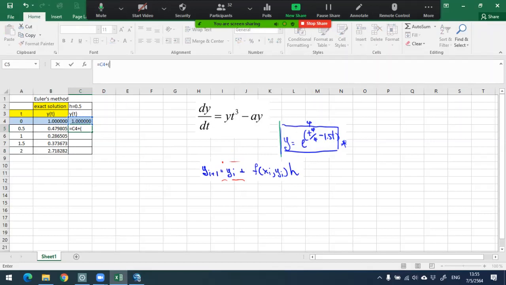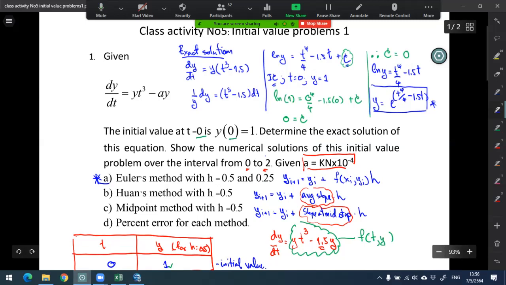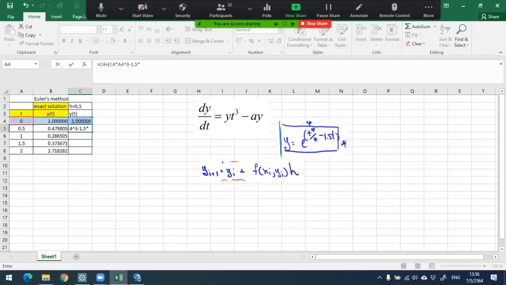For this case, f(x,y) is y, the value from the last step, multiplied by time t_i, the time at the last step, power 3, sorry, power 3, minus a, for this case 1.5, multiplied by y. Oh, sorry, we have to multiply with h. H for this case is 0.5. Okay, got this.